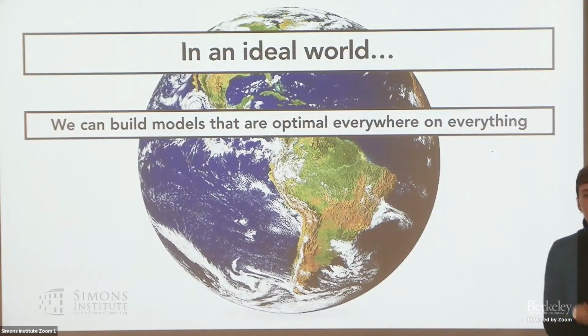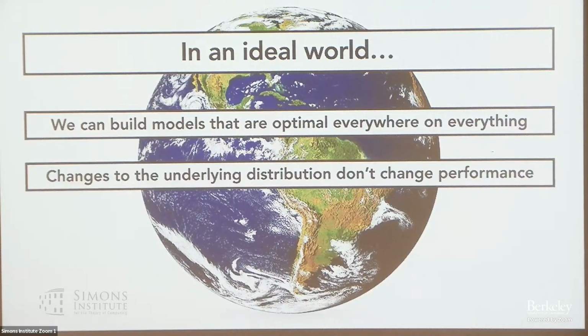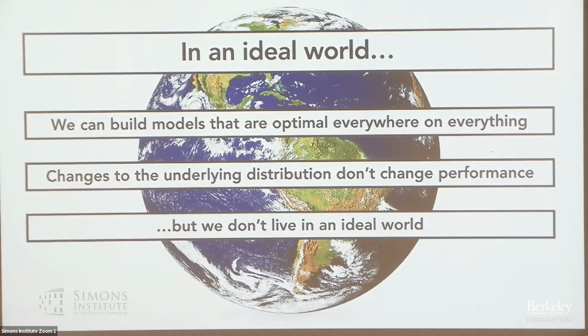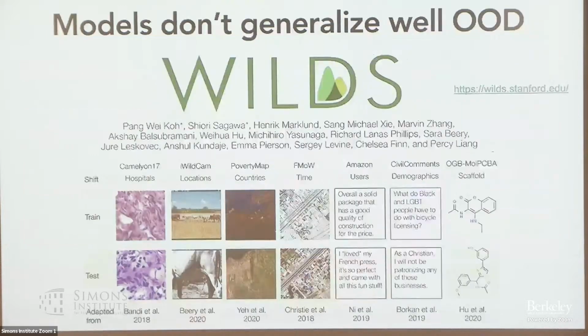Maybe this is like the first talk we heard today, right? This idea that we can build some model that is somehow optimal for every given potential distribution and end user, and changes to the underlying distribution wouldn't change performance. You'd just be really robust. But we do not live in an ideal world. And in our experience, this really is not the case.